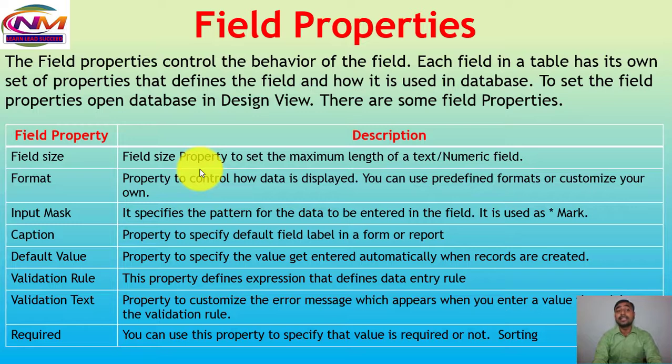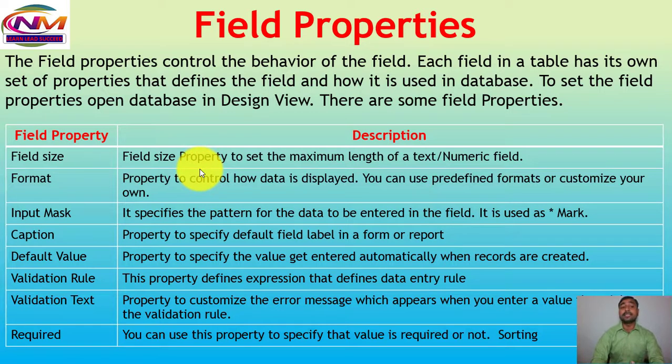So field size is a property of a field that defines how many characters are allowed in that field. Suppose I have taken a field named name, and I know that in the name field a maximum of 30 characters are used. So for that purpose we will have to give the condition. How to set the field property I will show practically, but right now you have to know theoretically the use of field size. In that we set the maximum length of text as well as numeric.